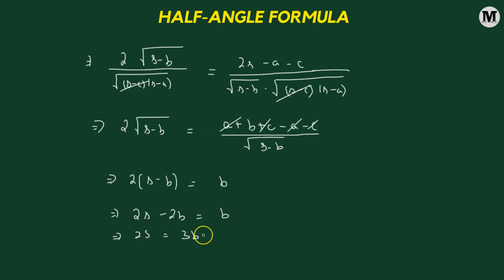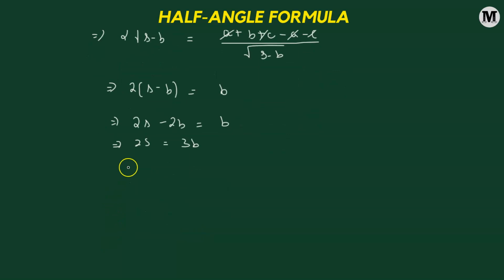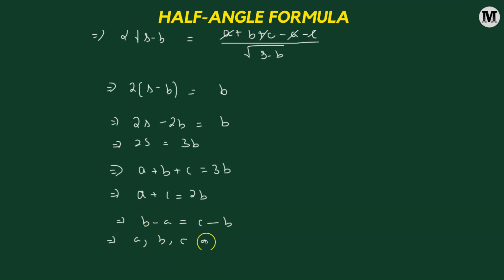Now 2s is given by a plus b plus c. That equals 3b, which means a plus c equals 2b, or we can say b minus a equals c minus b, and this tells us that a, b, c are in arithmetic progression.